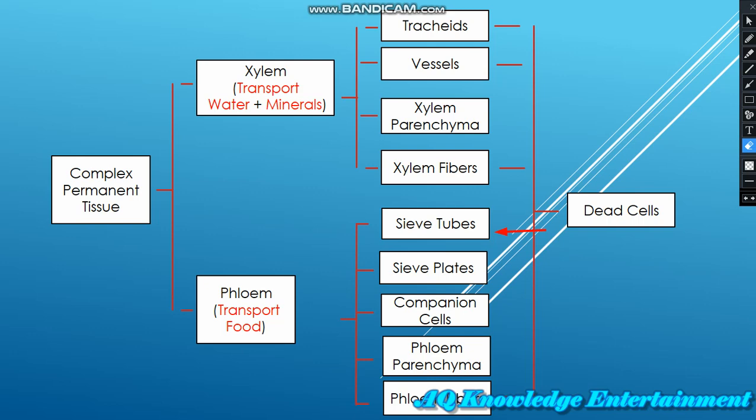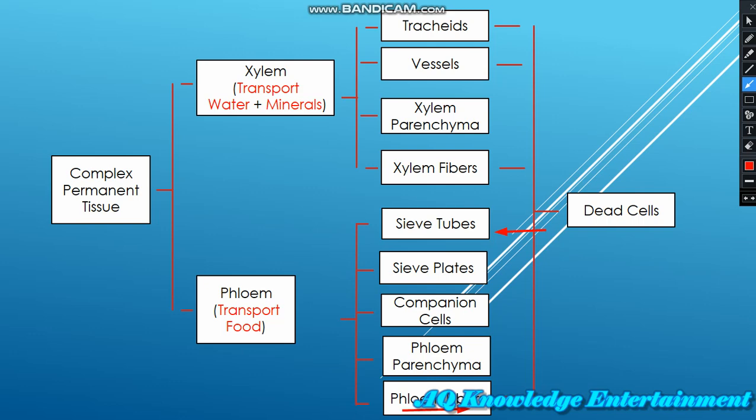as I said. Except for the phloem fibers, phloem cells are living cells. So now you can see the phloem fibers, right? So except for these phloem fibers, all the tissues of the phloem are living.